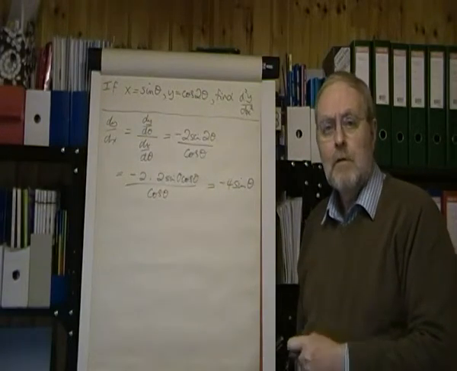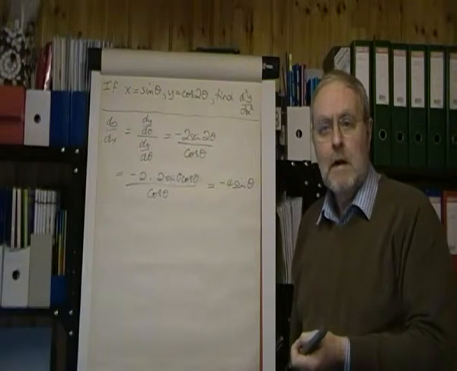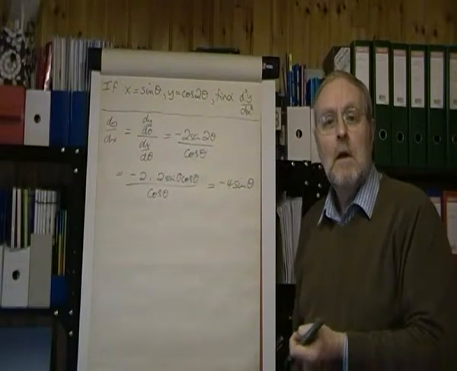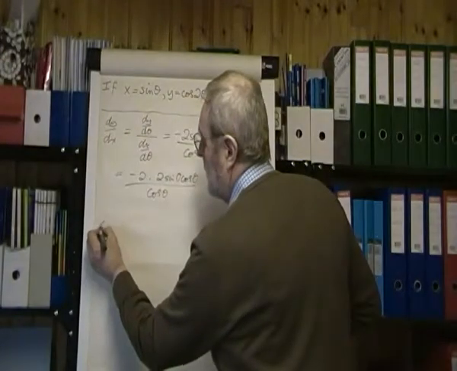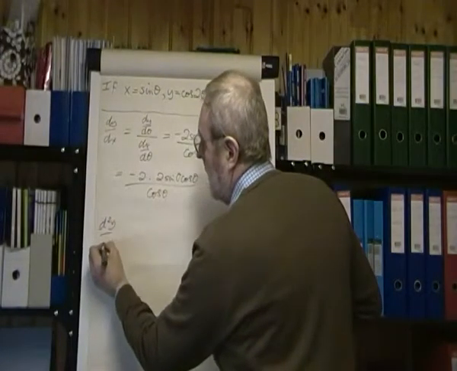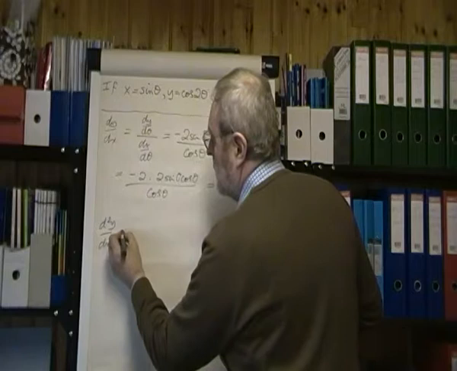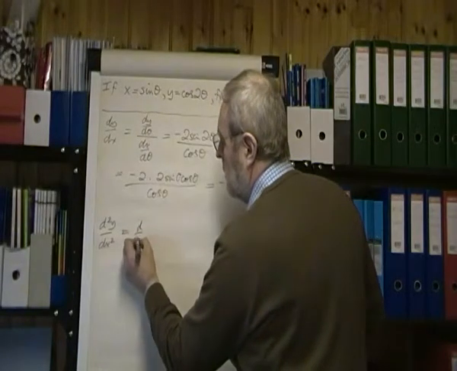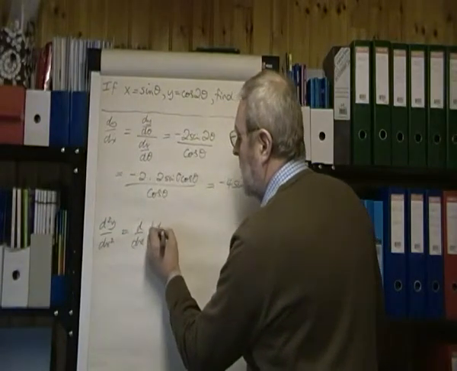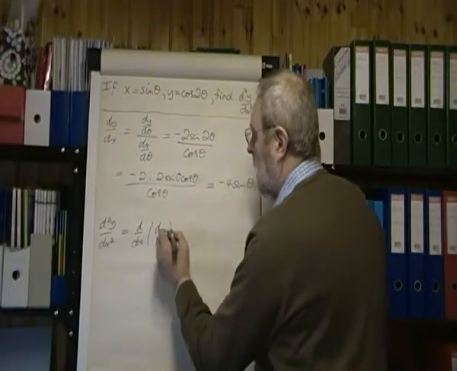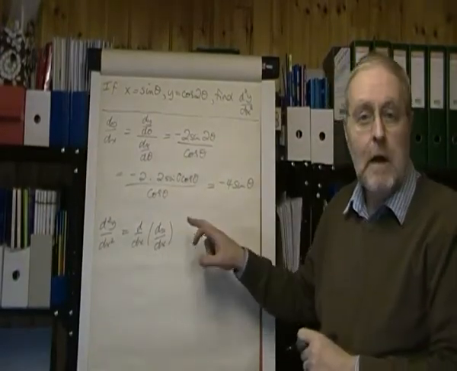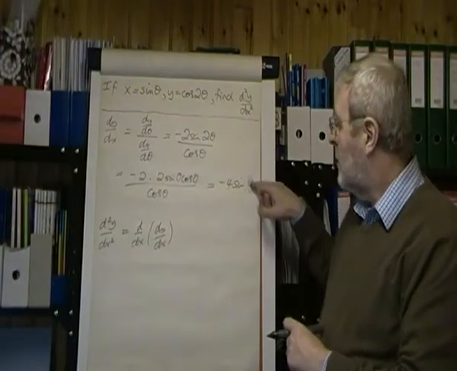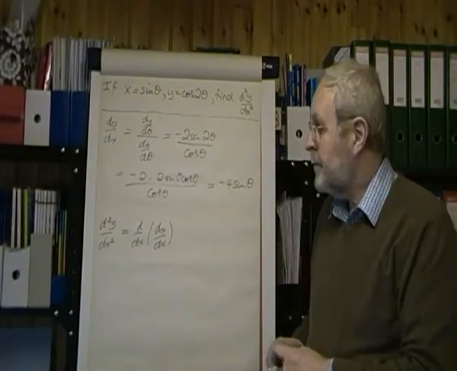The second half is quite straightforward provided you set it out in the following way, and you have to be careful and try and remember this is how it's done. The second derivative d²y/dx² is actually d/dx of dy/dx, and dy/dx is a function of the parameter θ.